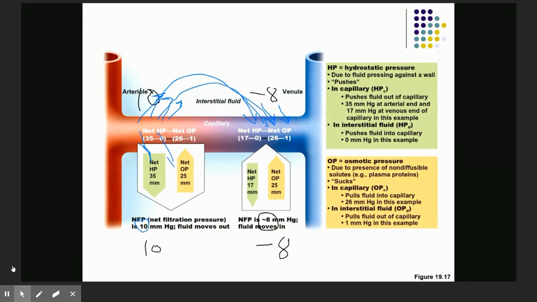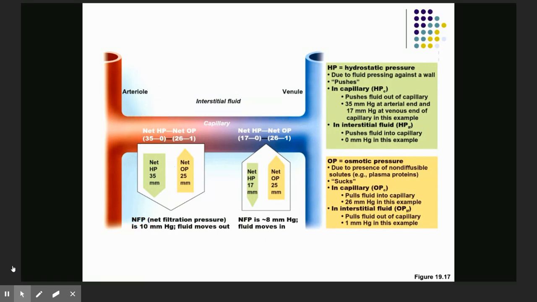Well, why? Who cares? Well, look, it's not empty out here. There are cells out here. So these cells are sitting here waiting for nutrients. They're waiting for oxygen. Well, look, on this end, the arterial end, remember this blood is high in oxygen.